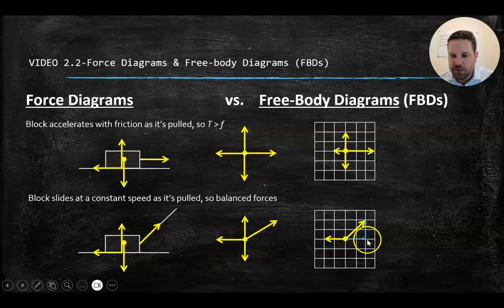Now I've got to be careful because the angled tension is producing an upward force of 2 boxes in length. So I've got to make sure that all of my upward arrows and all of my downward arrows balance out. I'm sorry, I said that wrong. I have an upward arrow of tension. I have an upward arrow of normal force. So I have 2 upward arrows, right?